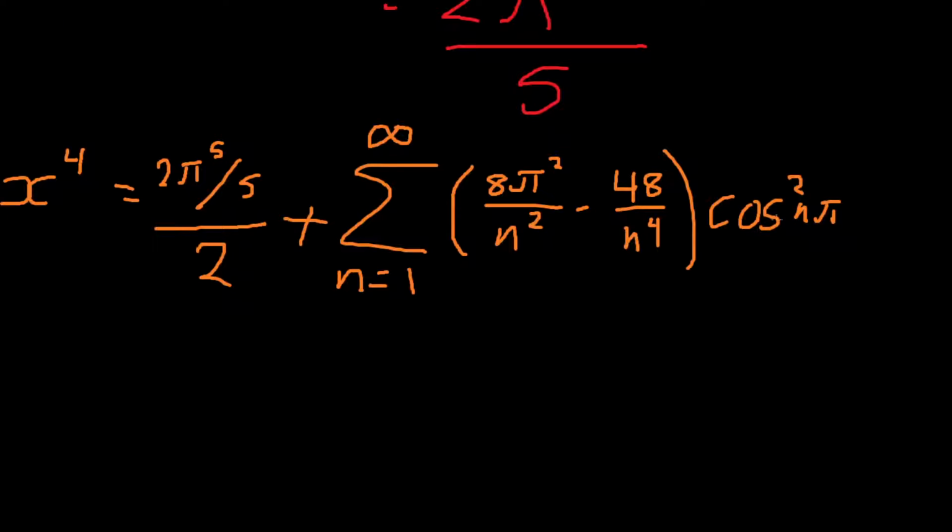And we can notice that when n is an integer, cos of an integer multiple of pi is either negative 1 or 1, and it alternates. But when we square that, we just get 1. So in fact, in this series, this just goes to 0, which is quite interesting.